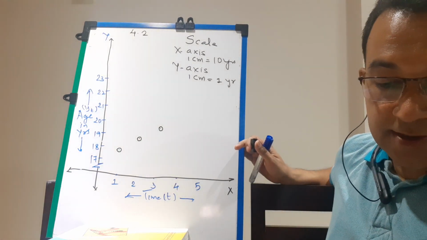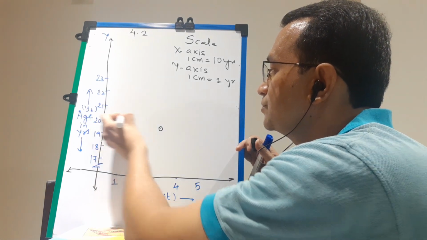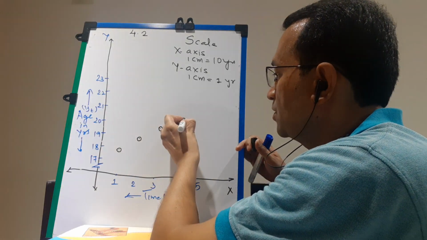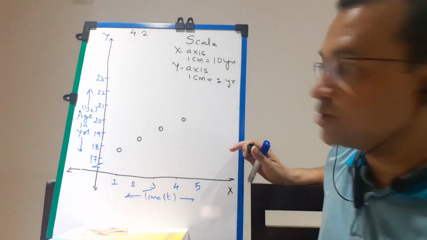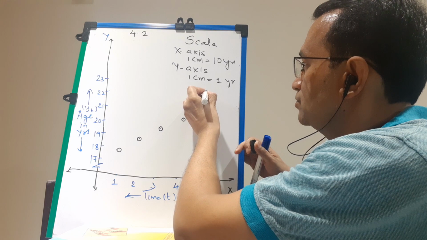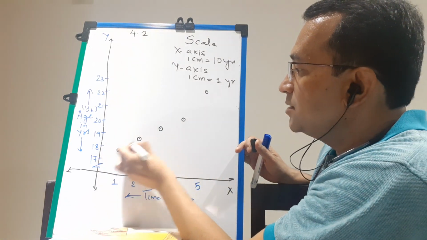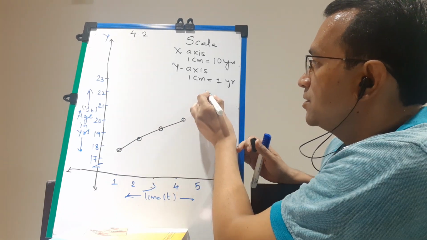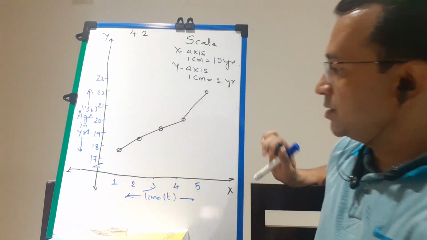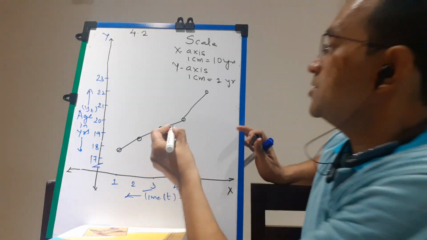For t is equal to 4, it is 20.2. For t is equal to 5, it is 22.2. Join these points with the help of line segments. Students, we get our time series. This is our original series.